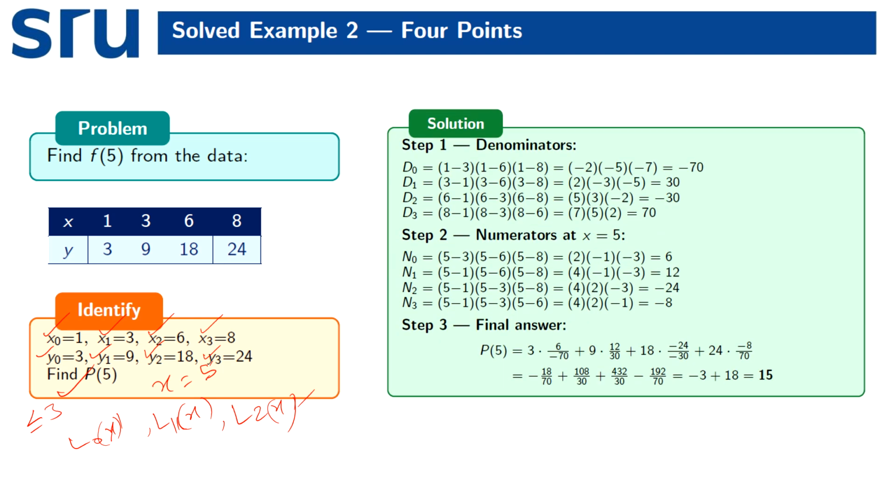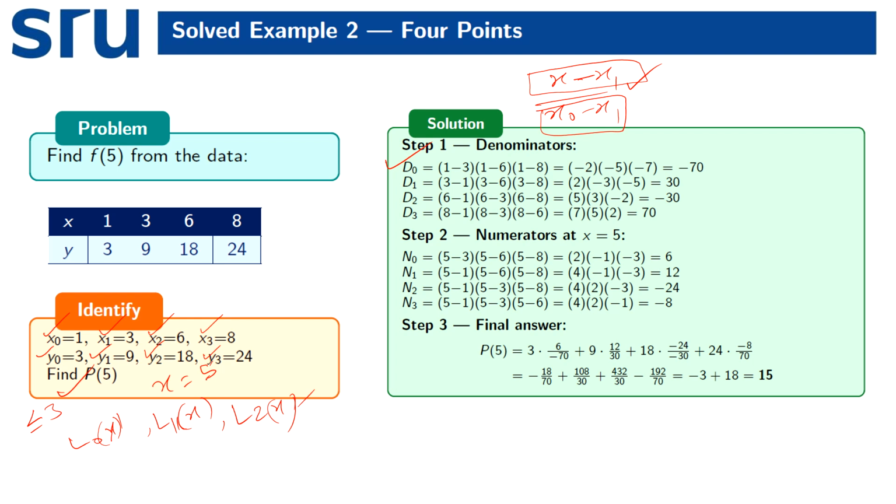Your L0 will have expressions like x minus x1 upon x0 minus x1. So you are just calculating this numerator part separately and this denominator part separately.